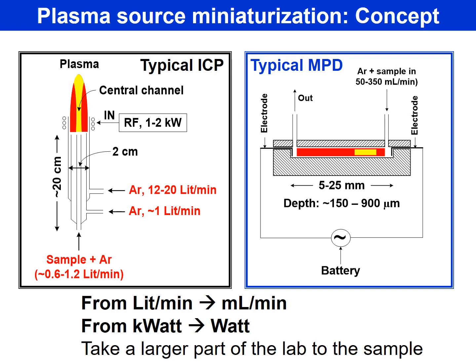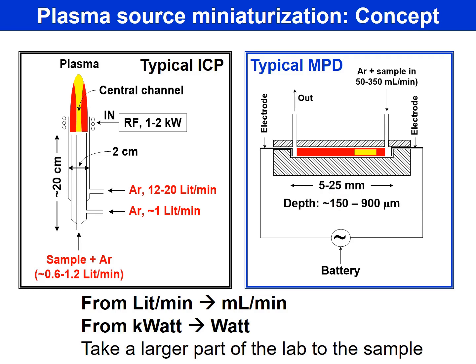So, as a concept then, we're going to have a miniaturized plasma. We call it MPD, or a microplasma. This is a facsimile or a cartoon version of the microplasma. The depth could be 150 micron. The diameter of a typical human hair would be about 100 micron.